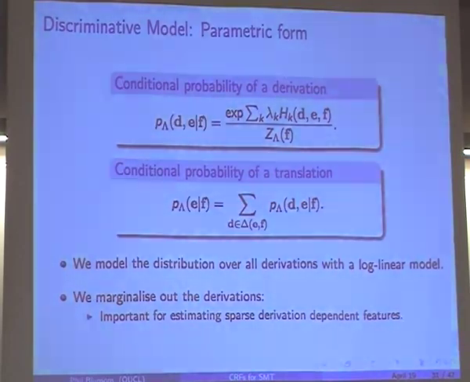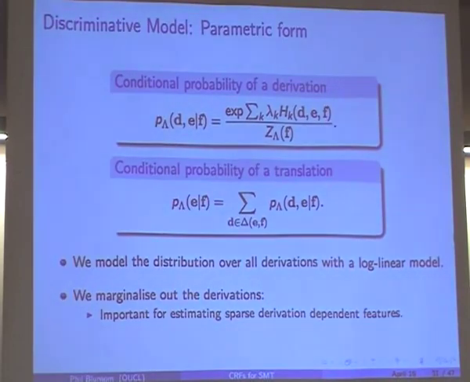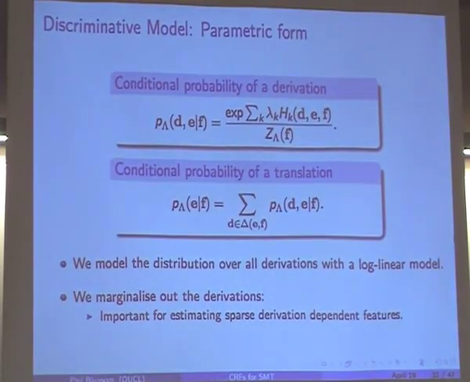So if you're asking how does this relate to what people do in machine translation at the moment, in that sense, this model is structured. So we're doing inference over all the possible trees, whereas in current translation models, for a given translation, you just have 10 features. So in some sense it is structured as well, but okay.